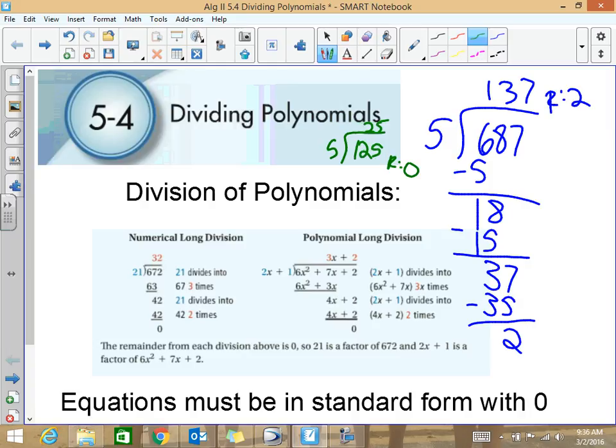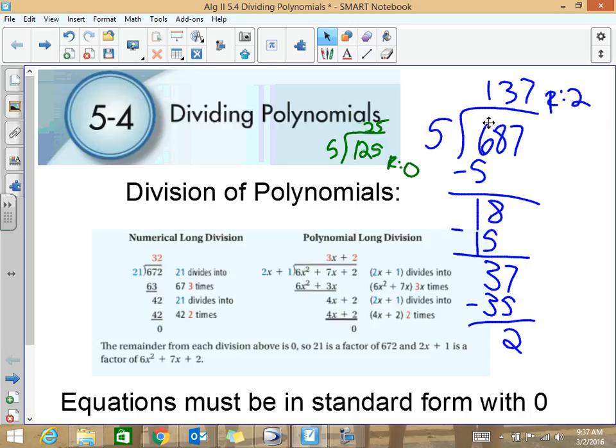What's the F word we love in algebra? Factor, right? So it actually tells me that 5 is a factor of 125, right? And that 25 is also a factor of 125. Does that make sense? So with polynomials, it means the same thing also. It tells us whether it's a factor or not.